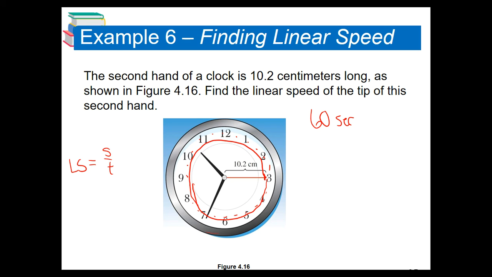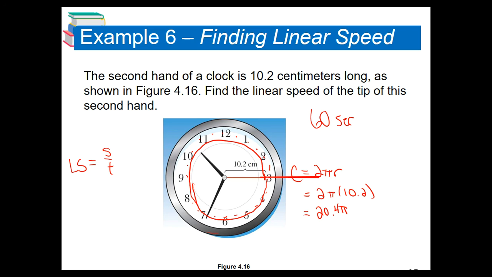But because the circumference of a circle is 2 pi times the radius, 2 pi times 10.2 is going to be the distance that the end of that second hand travels, which is 20.4 pi.